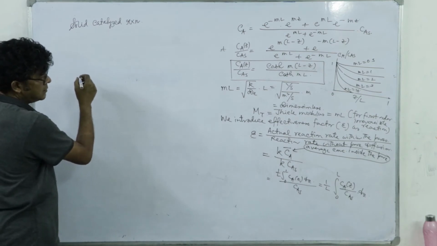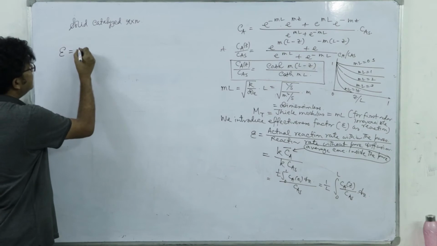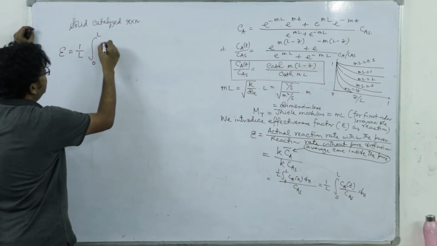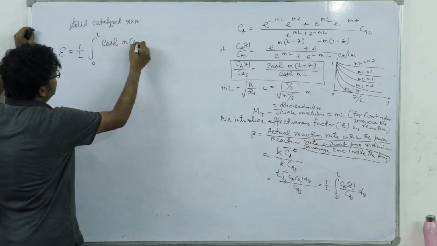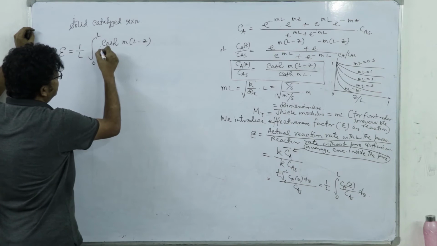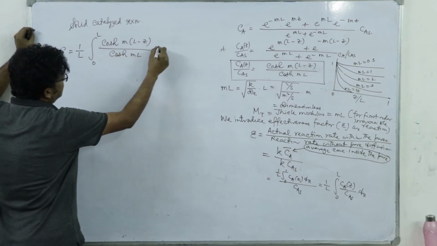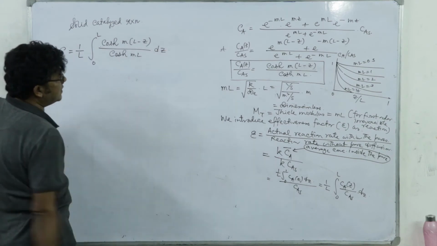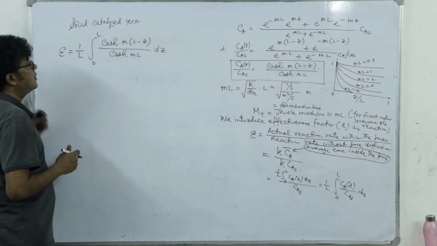So, effectiveness factor is 1 by L, integral 0 to L, cosh m(L minus z) divided by cosh mL dz. Because CA by CAS we have solved to be just like the expression, right.